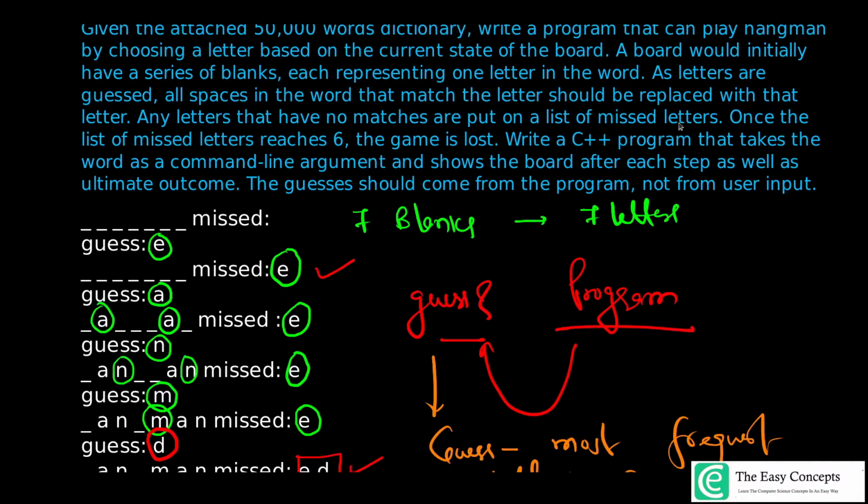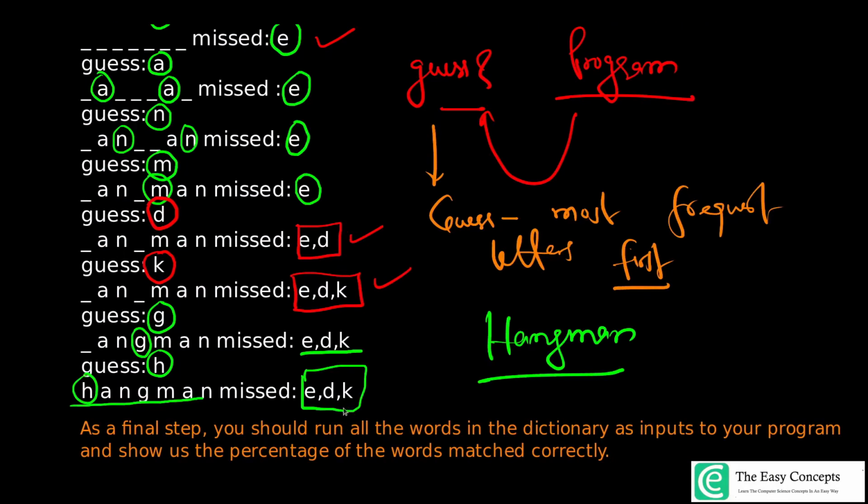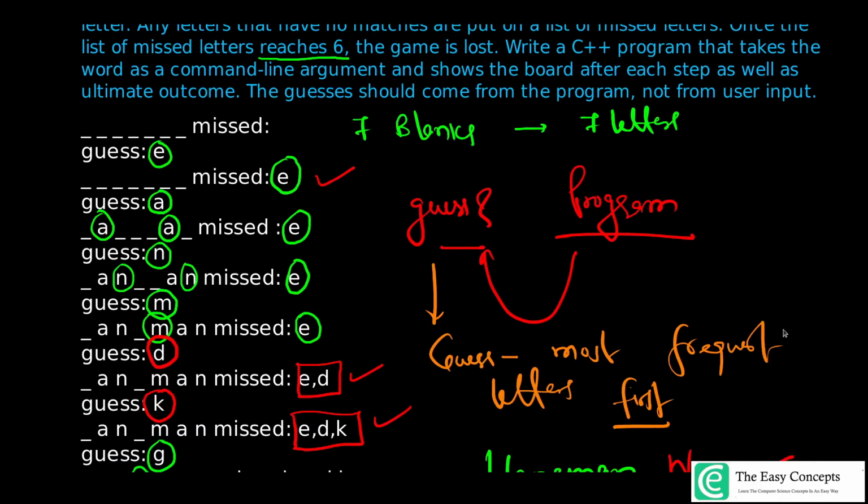Now you can see here, once the list of missed letters reaches 6, the game is lost. So you have 3 letters here, right? So you have 2 more chances here. Suppose you cannot guess this word in these 5 chances. In the next miss, the game will be lost. But right now, you won the game, so no problem and congratulations.